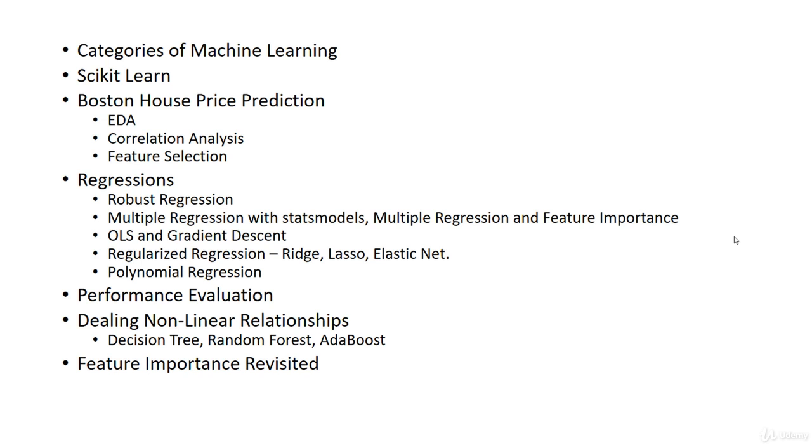That's what's called feature importance. Of course, we'll look at ordinary least squares and also making use of gradient descent, which is a really important optimization algorithm. And we're going to look at regularized regression on how to restrict your model so that it doesn't overfit. So this is going to cover ridge, lasso, as well as elastic net.